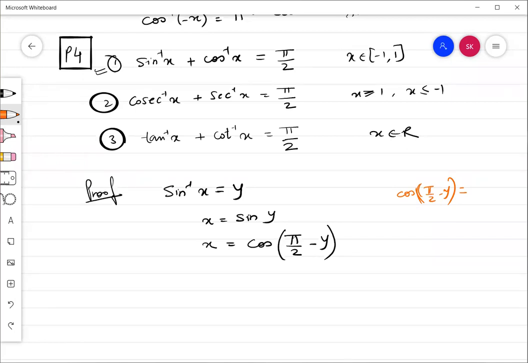Whenever we see pi by 2, no? Looks like you didn't watch the video. Sarvesh, what about you? Whenever we see pi by 2, what do we do? Think of what?